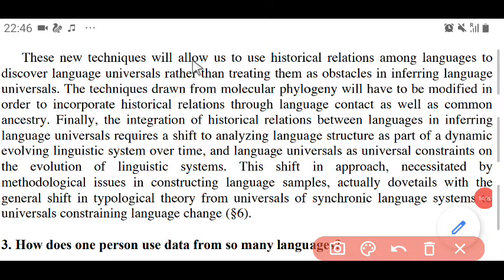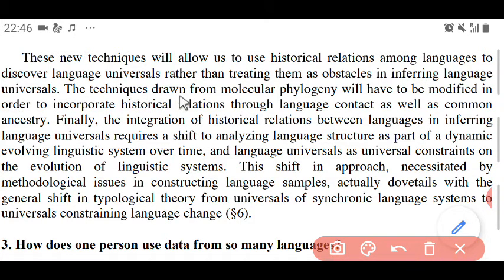These new techniques will allow us to use historical relations among languages to discover language universals rather than treating them as obstacles in inferring language universals.